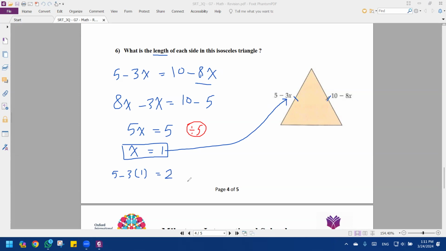We do the second one, 10 minus 8 in bracket 1. So 10 minus 8 is 2. Yes, they have to be similar actually, because they are equal, isosceles. So the length of the side is 2.